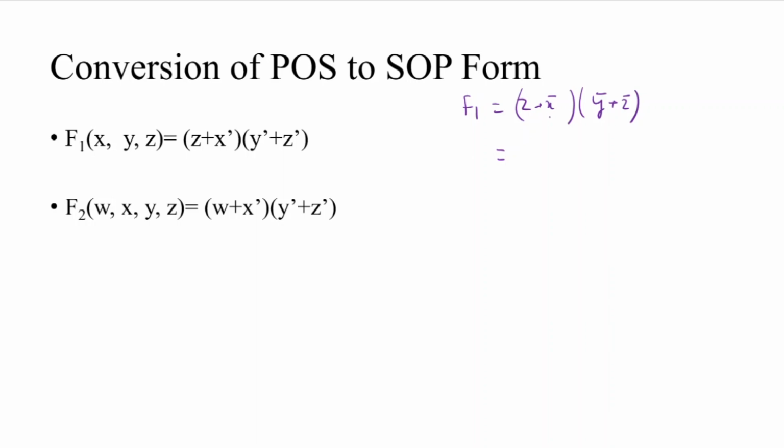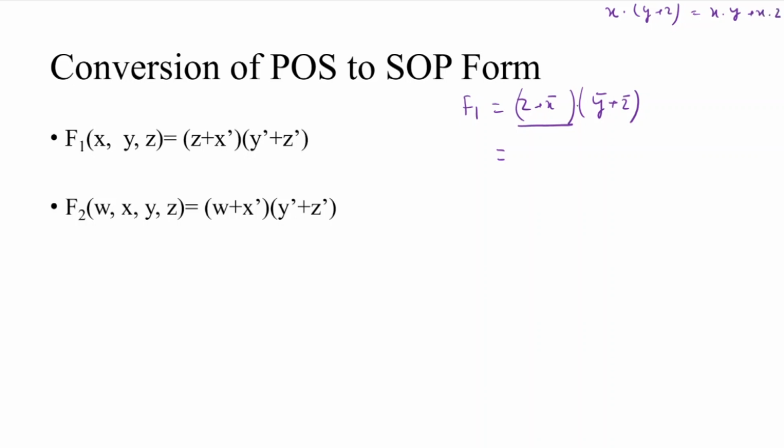Suppose this is treated as a single term, and this is treated as a single term, and this is more than one term. Here we know the distributive law, x dot y plus z, is equal to what? x dot y plus x dot z.